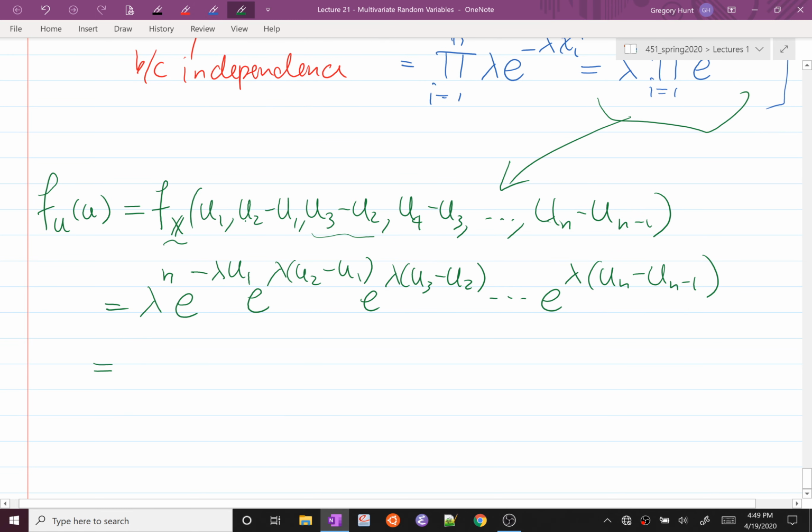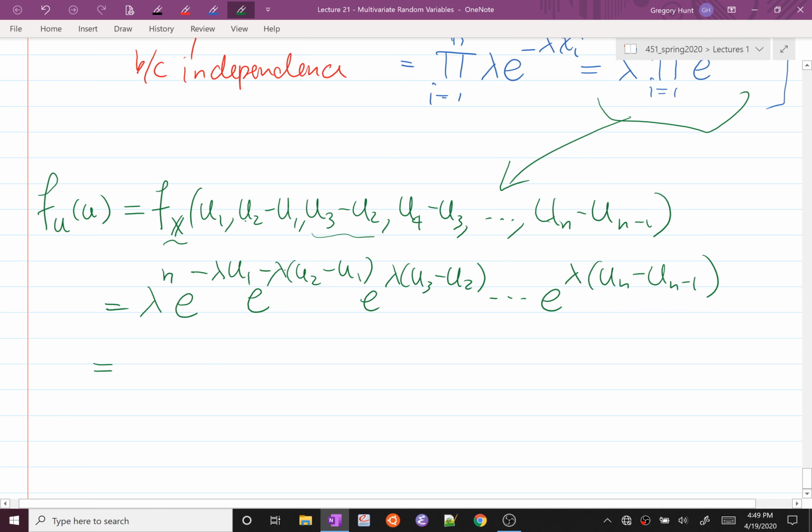And what we'll notice is that we can add the exponents. And if we add all these exponents, what are we going to be left with? Well, the negative lambda u1 will cancel with the lambda... oops, there should be a negative sign out in front of each of these, right?